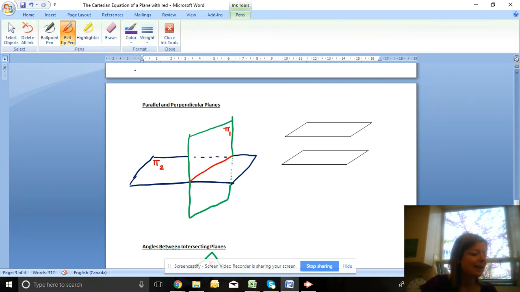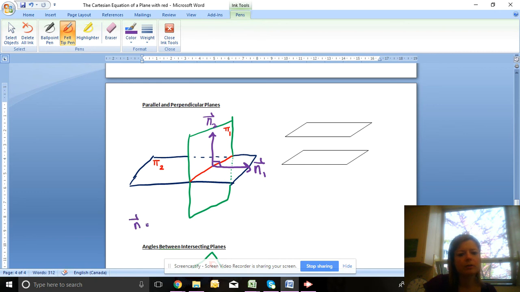So if you have 2 planes that are perpendicular, that means that their normals will be perpendicular as well. So this is the normal to plane 2, and this is the normal to plane 1. The normals will have a dot product of 0.